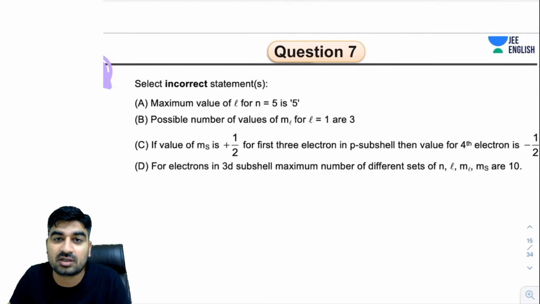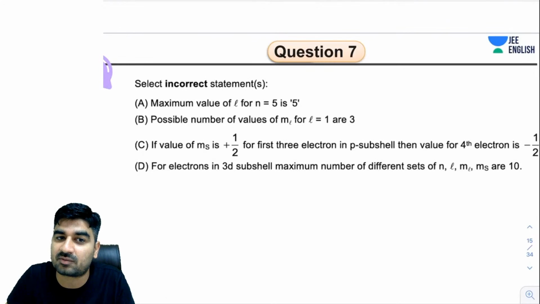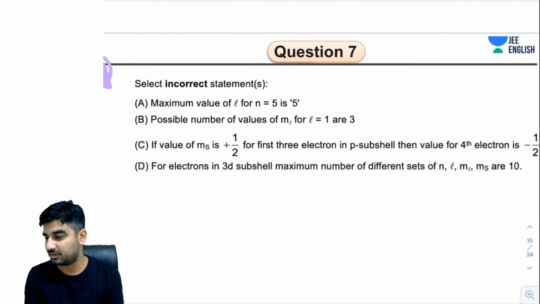You are asked for incorrect statements. Be careful about it. Yes, Mr. Infinity. Oh, really? Now there is one more creative guy, Mr. Infinity.